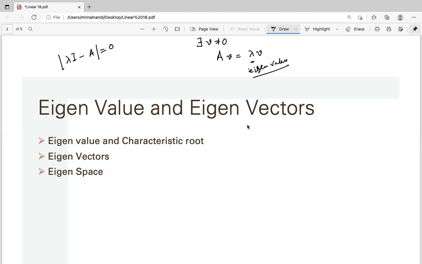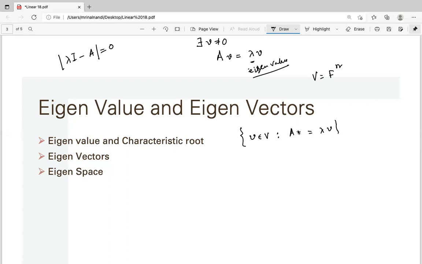Now, the set of all V for a fixed lambda, we collect all such V in this vector space, say with a standard basis, if it's Fn. We collect all such V which satisfy this, where lambda is fixed.